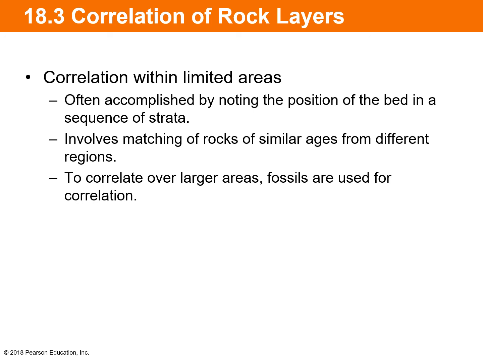As we discussed earlier in this lecture, you have the principle of original horizontality, but eventually every formation of rock is going to either grade into another formation of rock or sort of pinch out at the edge of a basin. And so to correlate over larger areas on Earth, for example, to correlate between the age of rocks somewhere in North America versus the age of rocks somewhere in Australia, you need to use fossils.